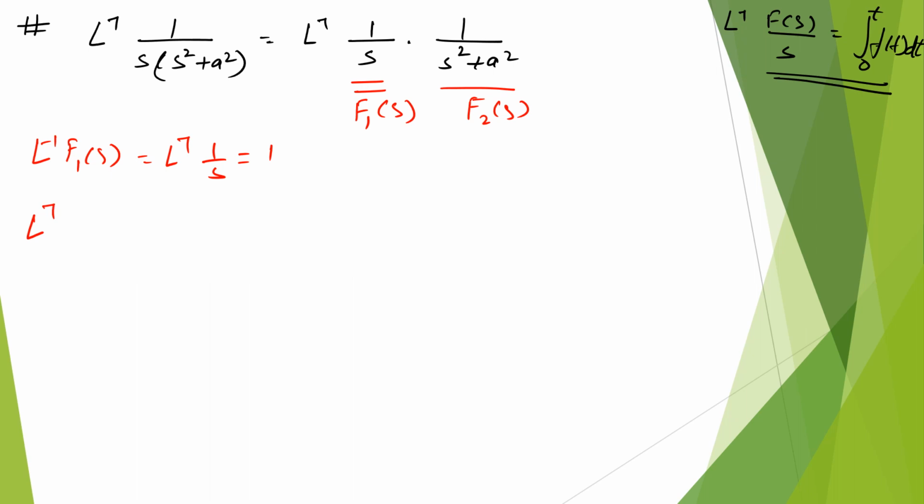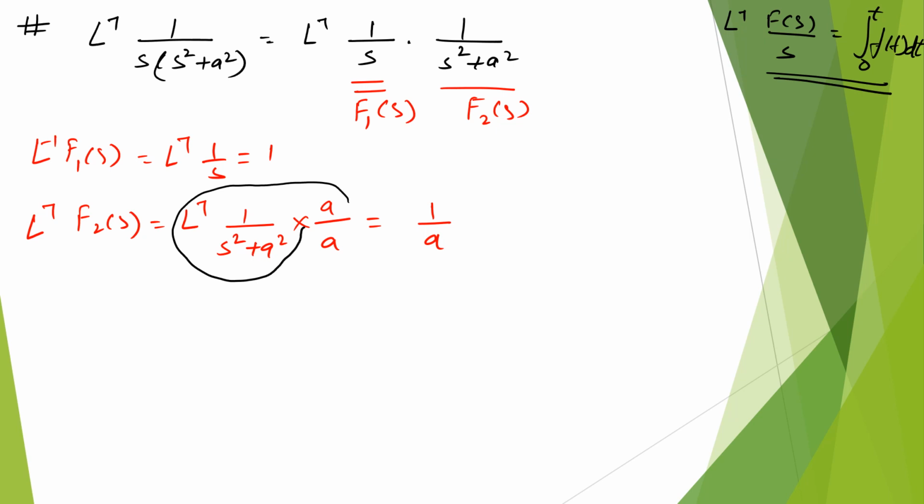Similarly, the Laplace inverse of F2(s), that is Laplace inverse of 1 upon s squared plus a squared. To convert this into a formula, we multiply by a and divide by a. We will get 1 by a sine at. So this is our first function, and this is our second function.